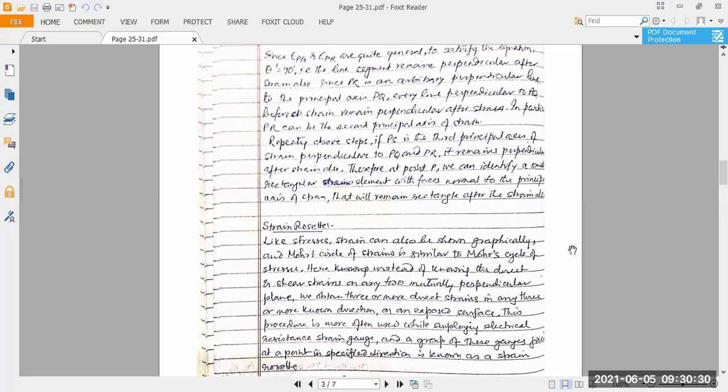We know in Mohr's circle for stresses, we put sigma x and sigma y along the x-axis and shear stress along the y-axis, and we put the angle of the plane over which we want to know the normal as well as tangential strain from the center line of sigma x and sigma y.